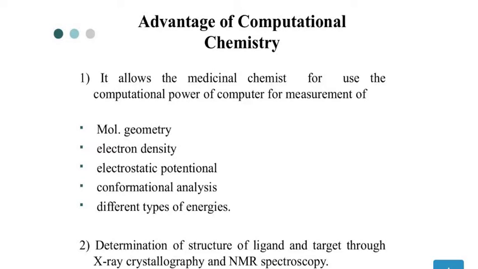Very important, because people always have questions: what is computational chemistry doing? Why are you focusing today on computational chemistry? So what are the utilizations? You can optimize the molecular geometry, then do calculations like electron density, electrostatic potential, conformational analysis, and different types of energy.